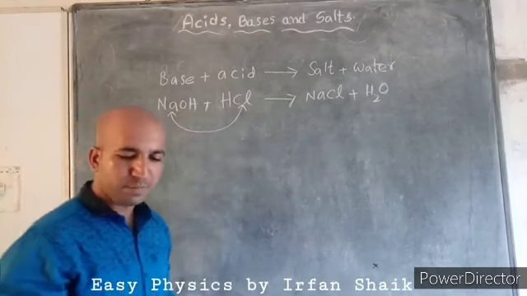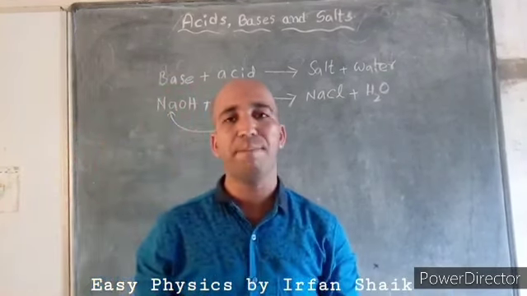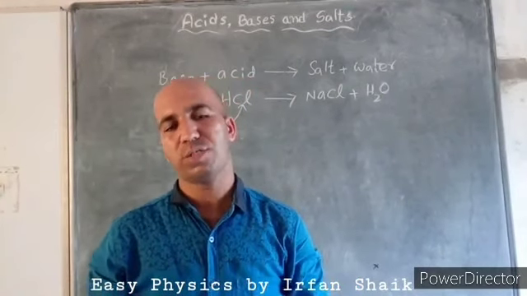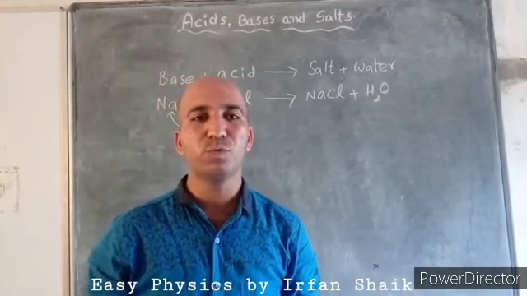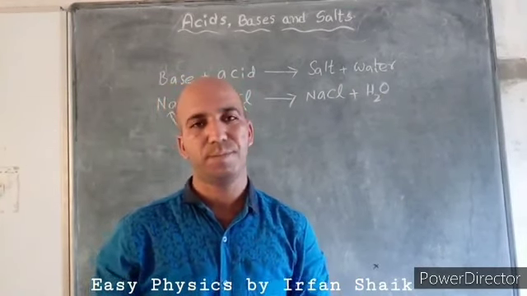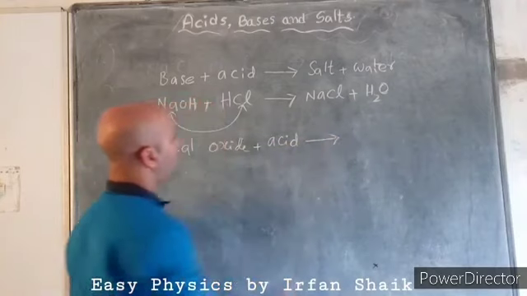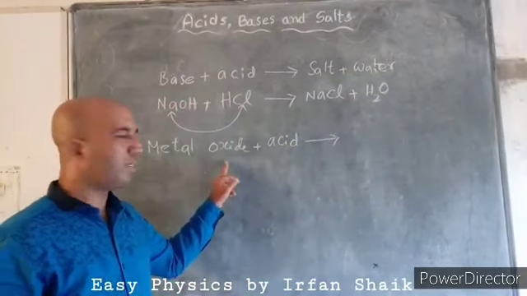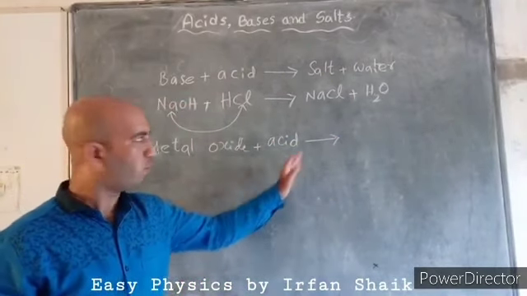Same like that, let us find out what happens when a metallic oxide is added to an acid. Let's try to find the skeleton equation here. When a metal oxide is added to an acid, what will form?